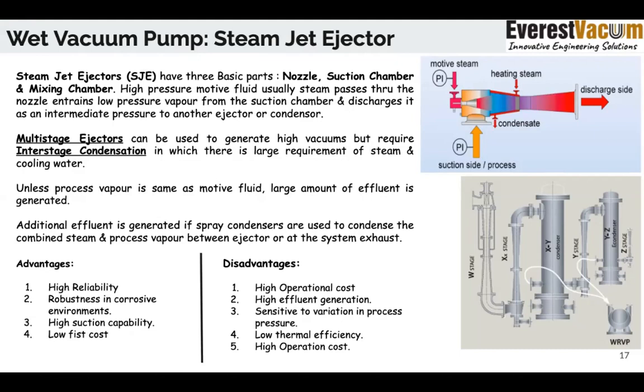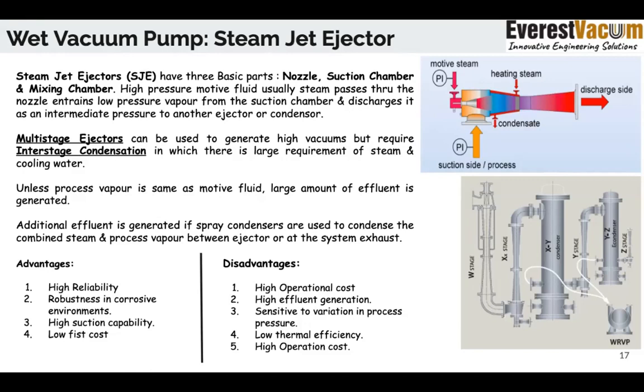But in the case of W stage, when the customer has to go to 4, 5 torr, typically this being a 3-stage ejector, we'll be able to achieve anywhere between 5 to 25, 30 torr. But there will be so much steam consumption at this stage that the whole process will cause very high operational cost.